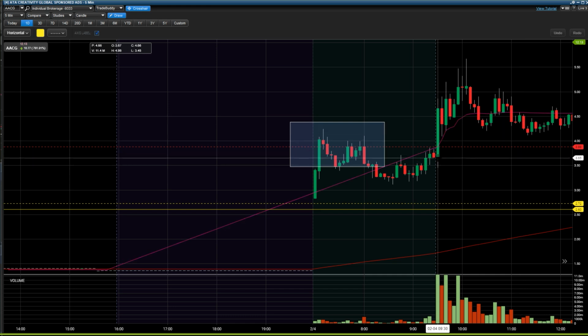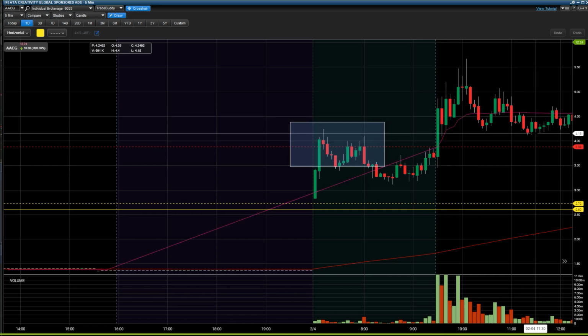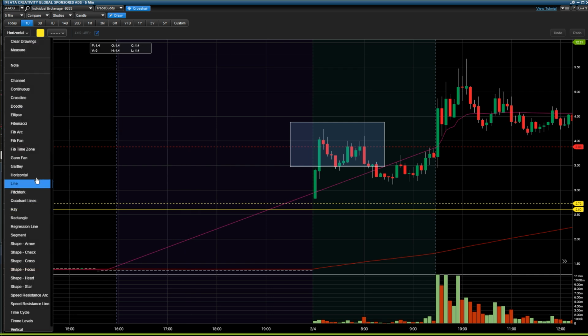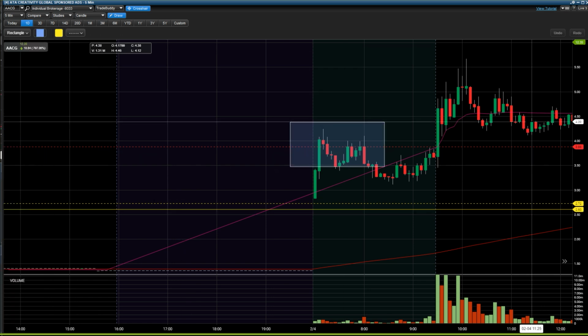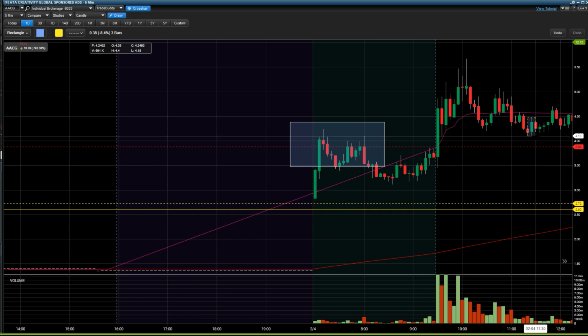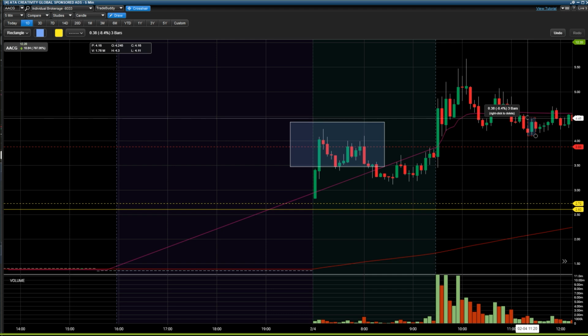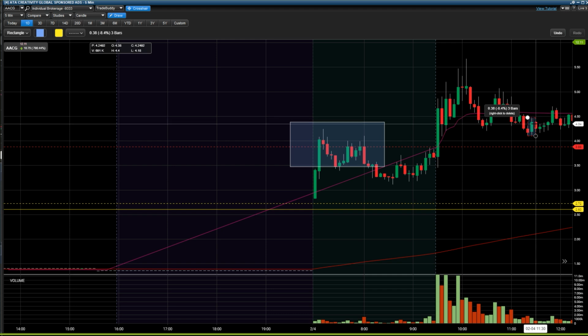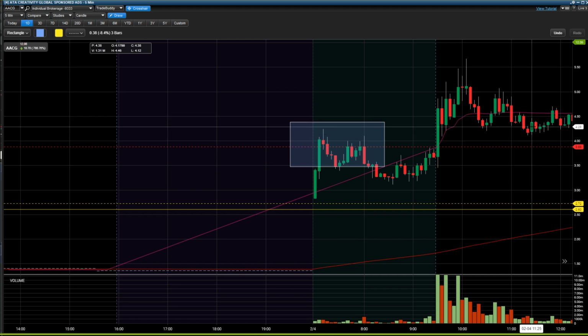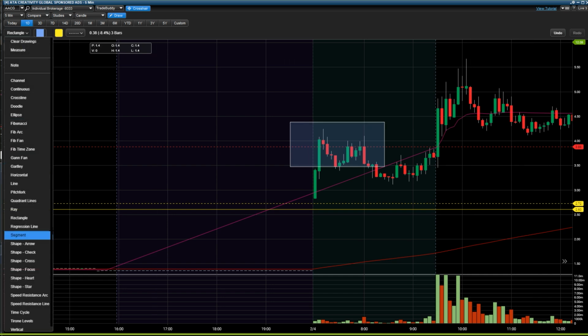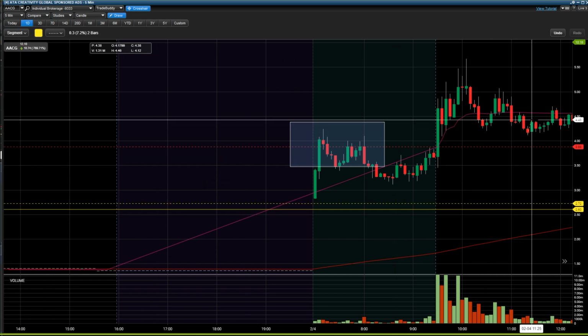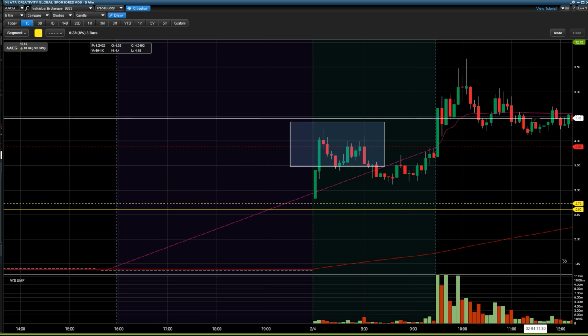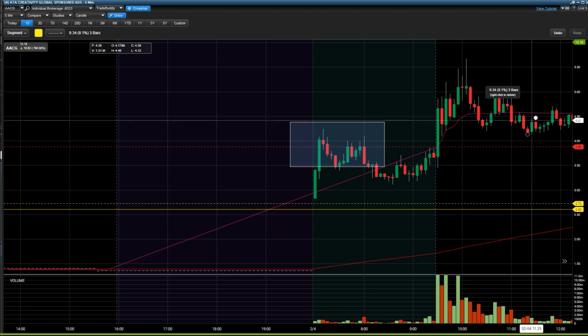Look at this tiny candle here. This thing had a low of $4.10 and a high of $4.46. Just in that candle alone, that's like 9% of range, right? Just about. Okay, 8% range in just that candle.